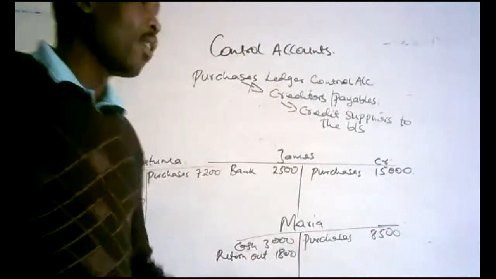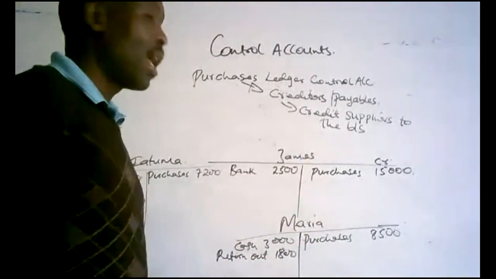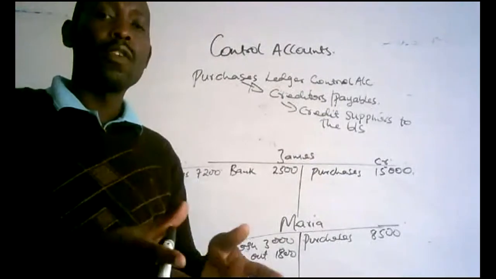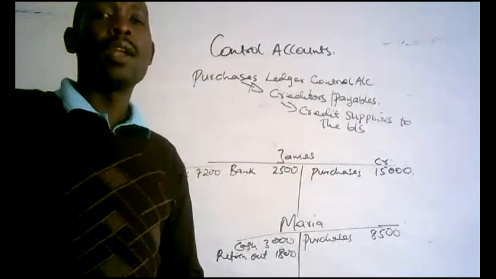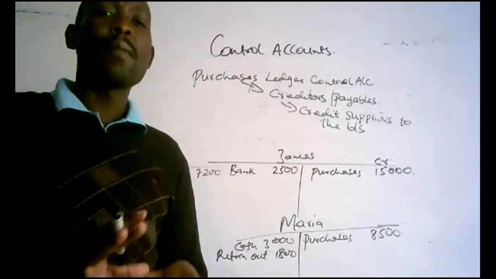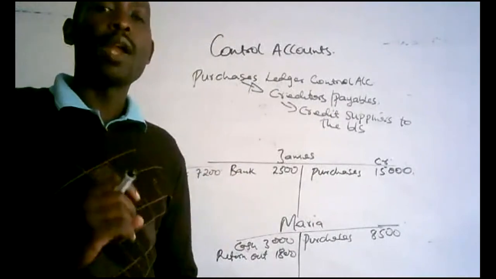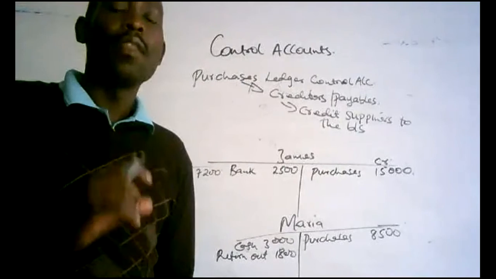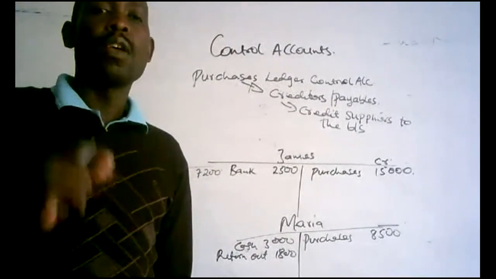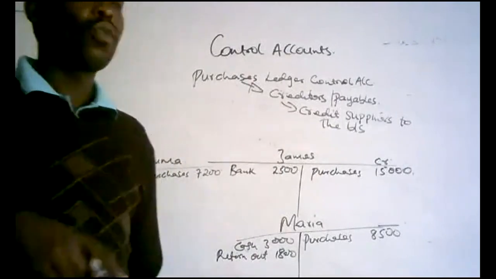Then you remember the same concept applies. Instead of having so many suppliers' accounts separately maintained, we can come and condense them and put them in one account. That one account that is giving us a summary of all the creditors is going to be known as the creditors control account, commonly known as the purchases control account or total purchases control account.